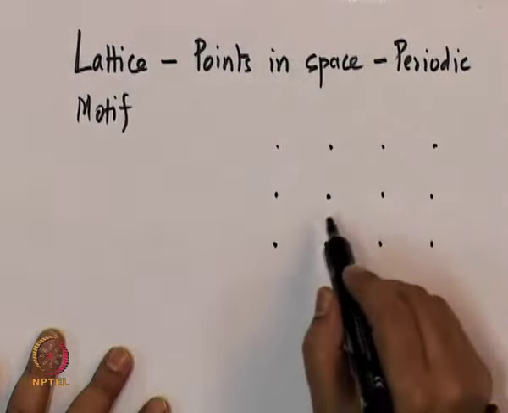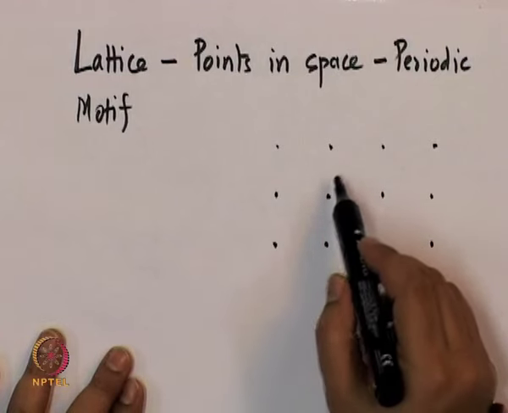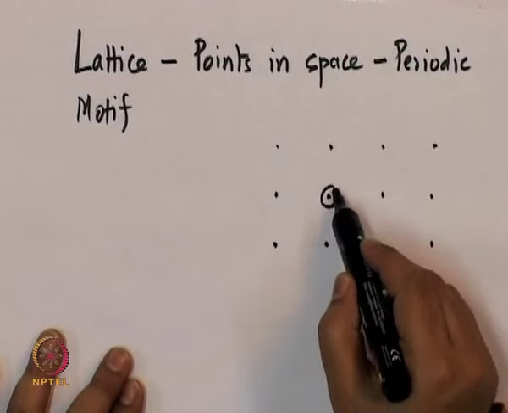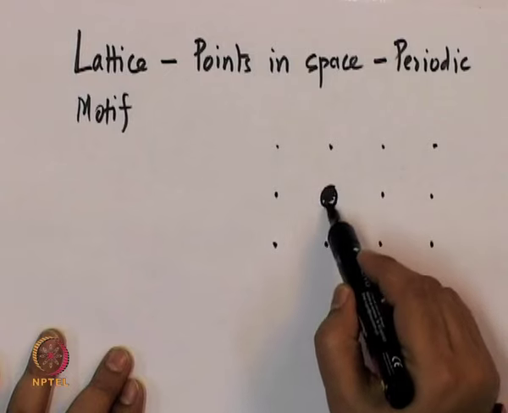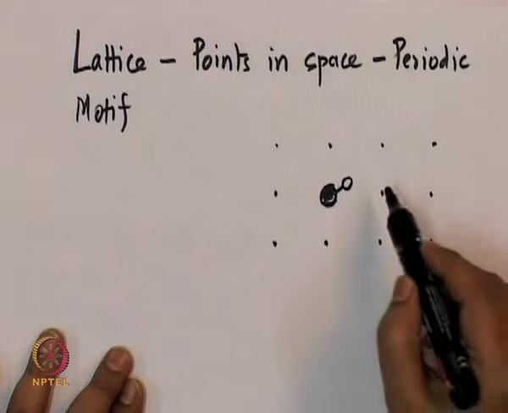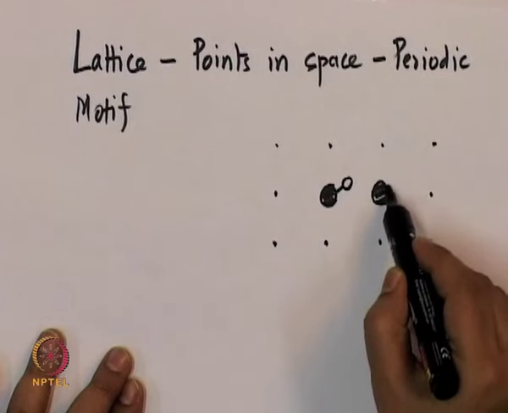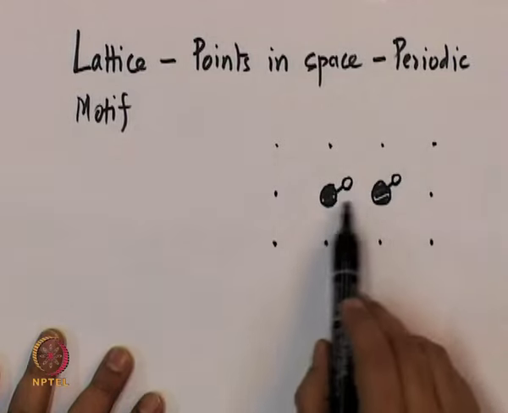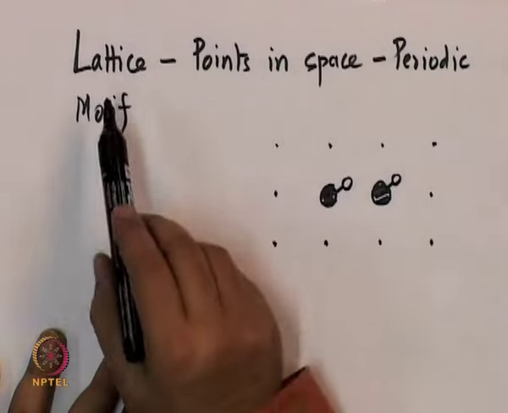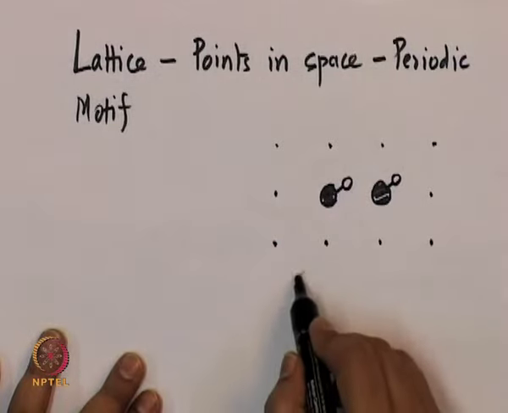If I associate with every point a set of atoms and repeat this everywhere, this will be called the motif, and the lattice plus motif actually makes the crystal structure.